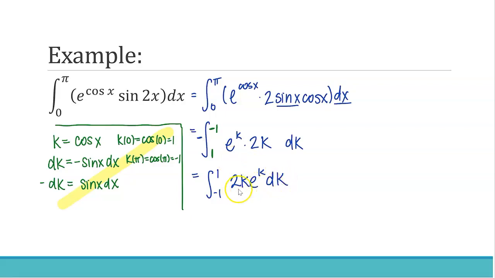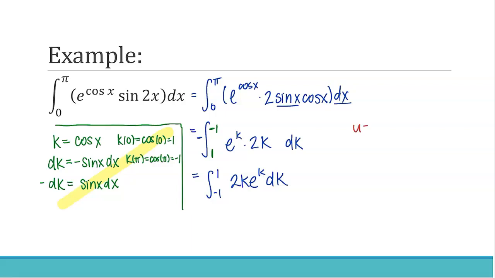All right, so here's what my new integrand is. It is going to require integration by parts. So I have 2k times e to the k. I'm going to let my u be 2k because it's a polynomial, and my dv be e to the k. And I'm going to go ahead and do the tabular method here.